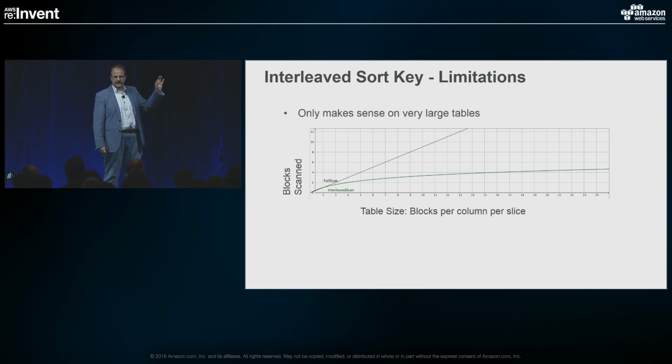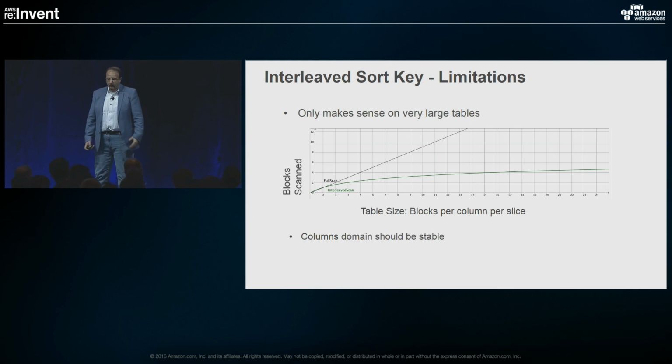Only when I have about 10 blocks to scan does the cost of scanning the whole table become double the cost of scanning via interleaved sort key. There is a cost to load and maintain the interleaved sort key table, so it only really makes sense if your table is really, really big. Otherwise, it's not much difference. You see only after the 10 that the numbers really go apart between the linear and the logarithmic one.